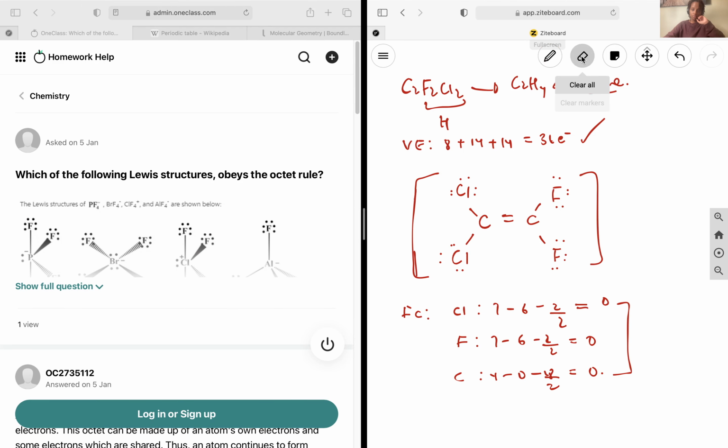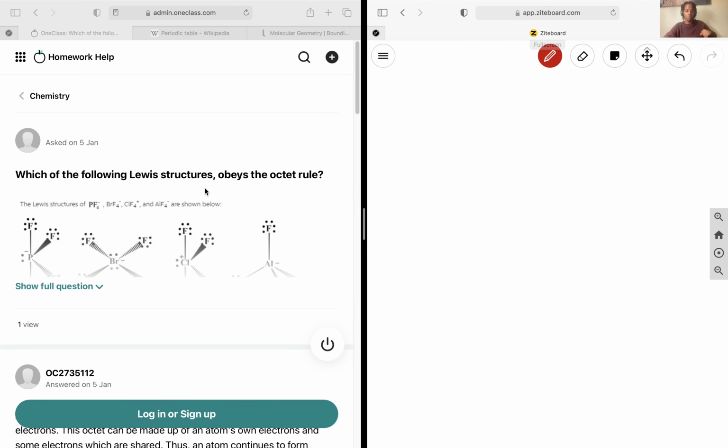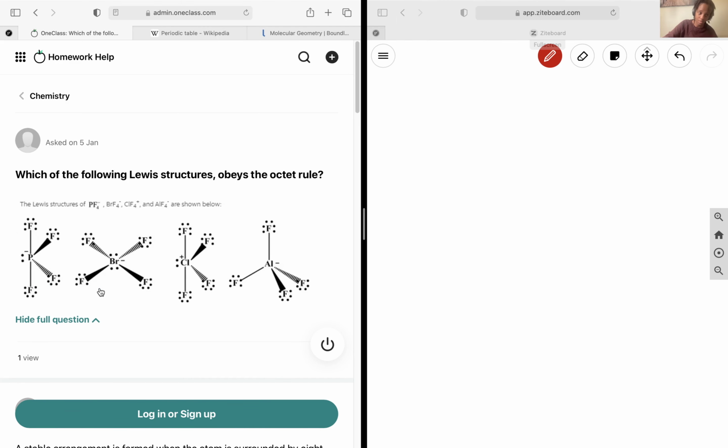Okay, next up, we want to see which of the structures obey the octet rule. This can easily be done. Let's just count the electrons around each of them. For our case 1, we have 2, 4, 6, 8, 10 electrons. So clearly phosphorus is exhibiting an expanded octet here, not obeying the octet rule. Let me just write that out so it's a bit clearer.